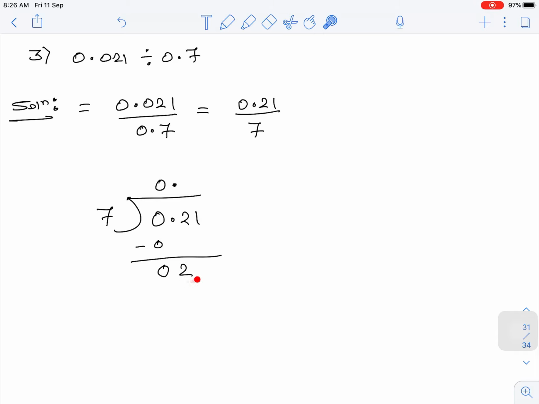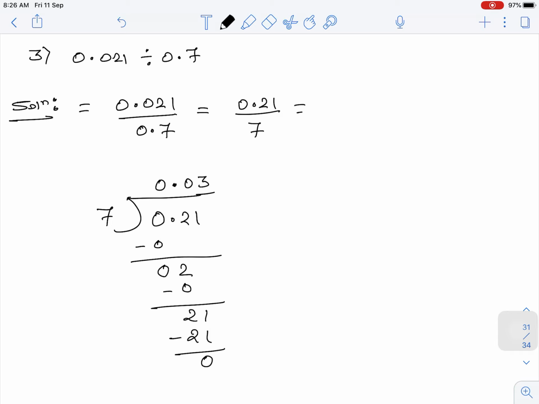Again this 2 is not divisible by 7, so again 7 zeros are 0, that is 2 will come here. Now next number 1 will bring it here, so it will become 21. Now we can write 7 3s are 21, so our remainder will be 0.